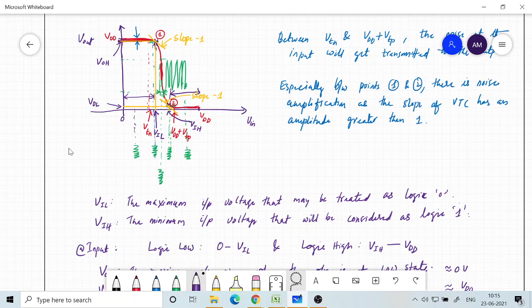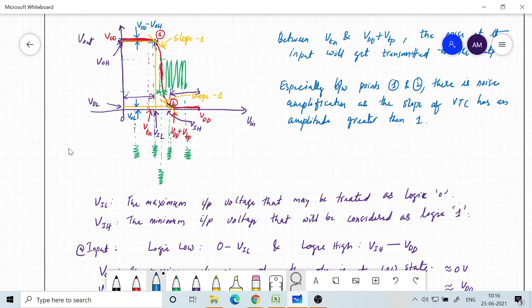So this difference is VDD minus VOH. Let me write it here: VDD minus VOH. This difference and this difference. This is just VOL. So VOL and VDD minus VOH.